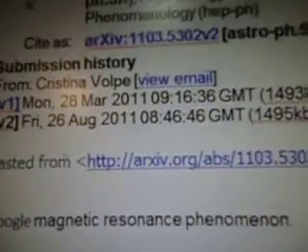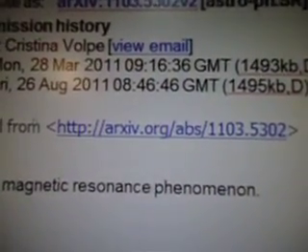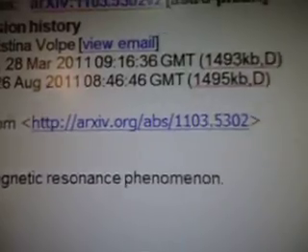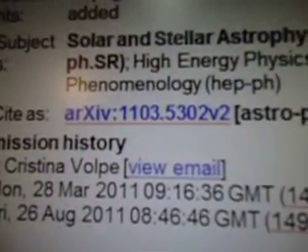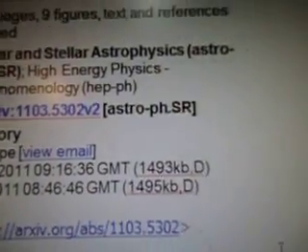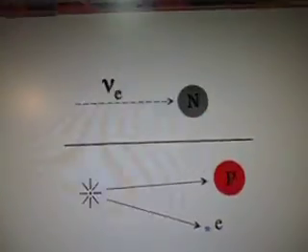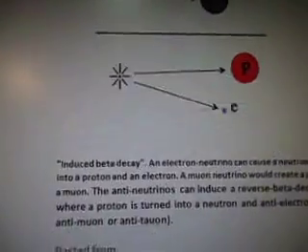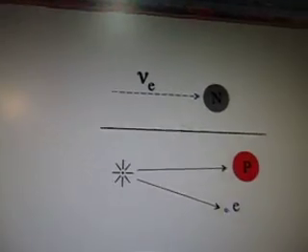It's pretty new. So you want to go to arxiv.org and look up that document. And it's arXiv 1103.5302v2. Okay. Here's another graph. This is induced beta decay.